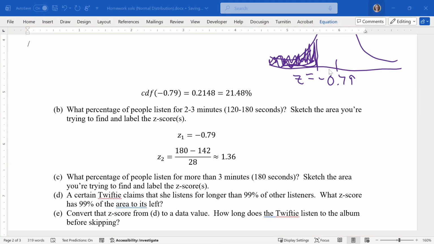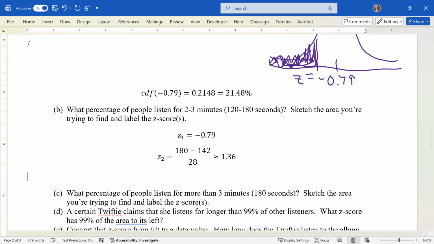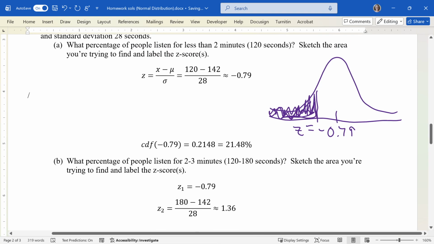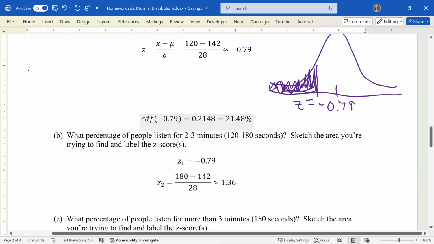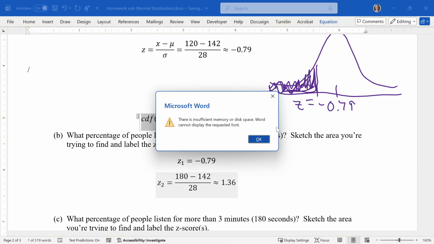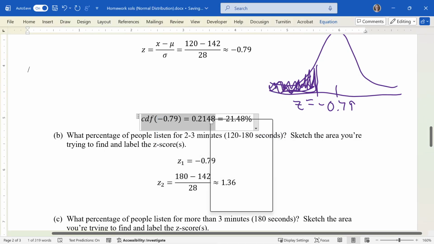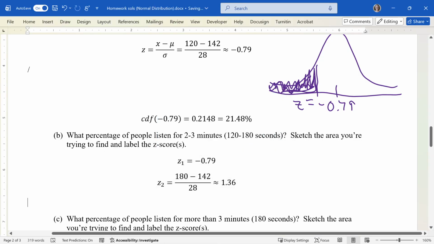So I got 1.36. And now, because I want a between area, I'm going to look up the CDF table value for both of them. I already have one. I'm going to look up the other one, and then I'm going to subtract the larger one minus the smaller one.